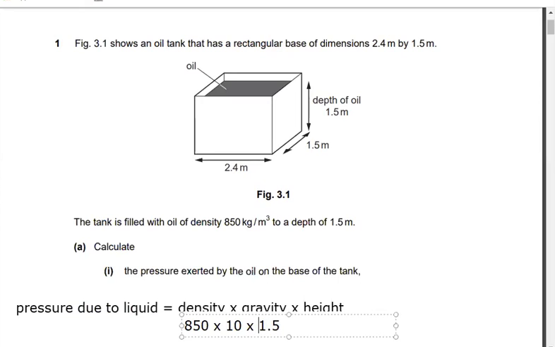When you multiply 850 into 10 into 1.5, that gives you 12750. The unit is Newton per meter square, since we are talking about pressure, or we can simply write Pascal.